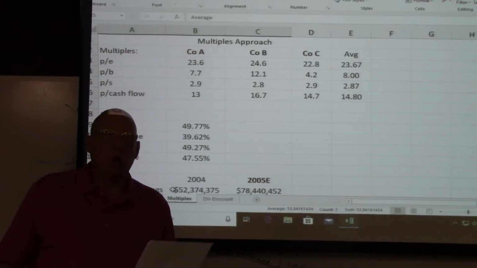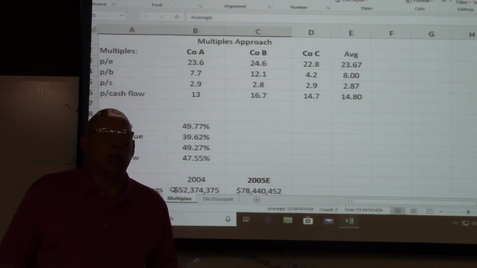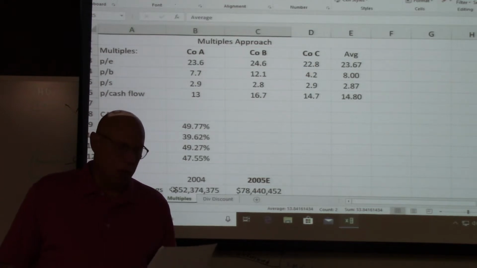In other words, you don't want to compare a company that has, say, high leverage and slow growth with a company that has lower leverage and faster growth. Applying a multiple without doing further deeper analysis can be misleading.